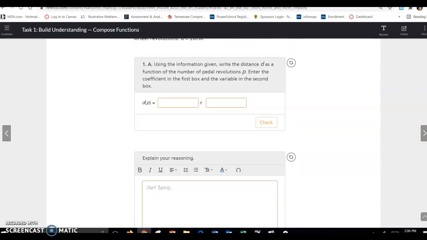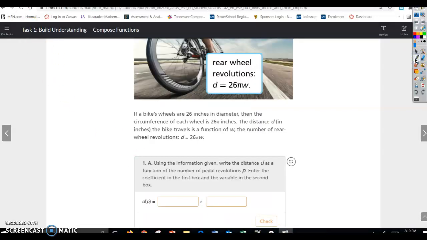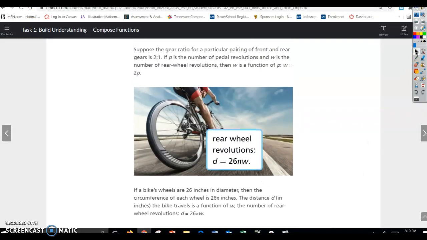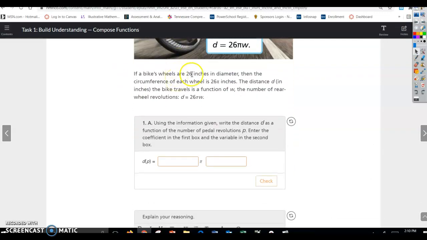All right, using the information given, write the distance D as a function of the number of pedal revolutions, P. Enter the coefficient in the first box and the variable in the second box. So if we look above, remember that W equals twice P. So we're going to use that and plug in 2P.